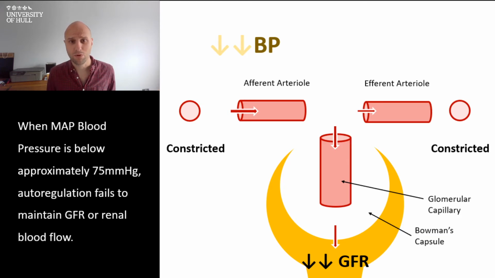However, there comes a point, and it's probably below about 75-ish mean arterial blood pressure, where it doesn't matter how much the afferent and efferent arterioles constrict, they can't maintain the flow of blood and filtrate through the nephron, and so we tend to see a drop off in both the function of the kidney, but also the blood supply through the kidney as well, which again will impact on its function.